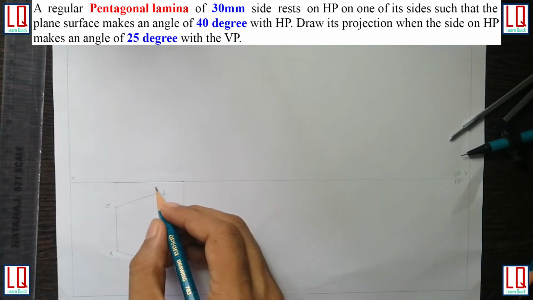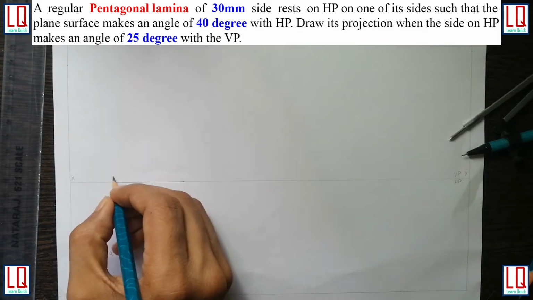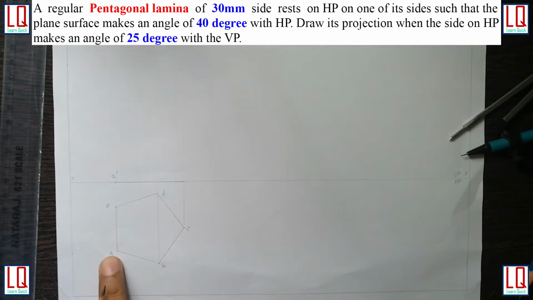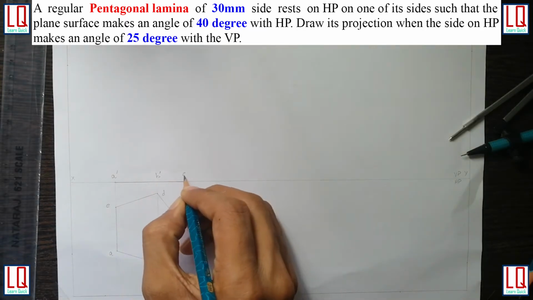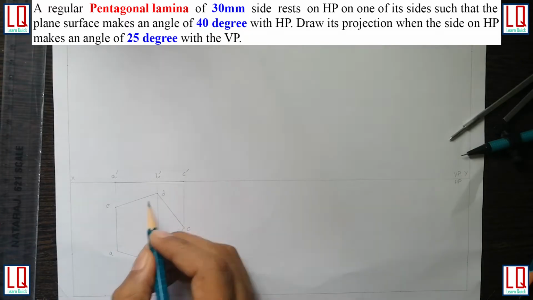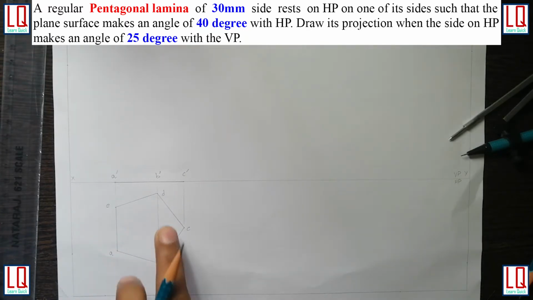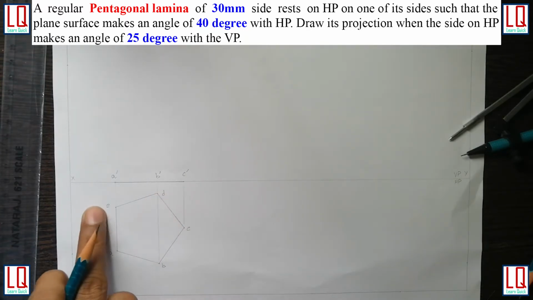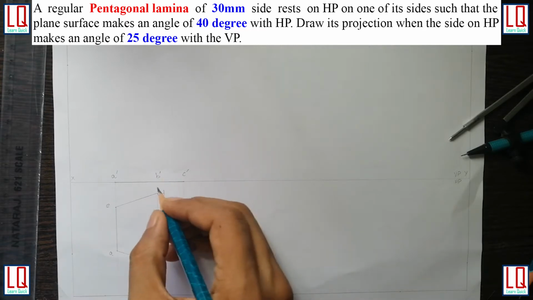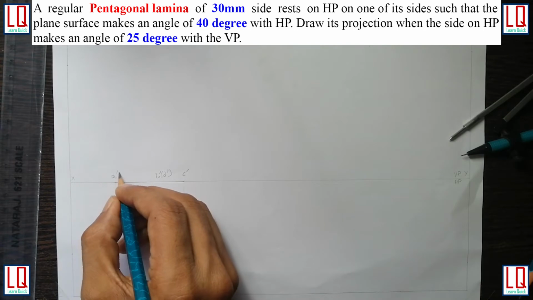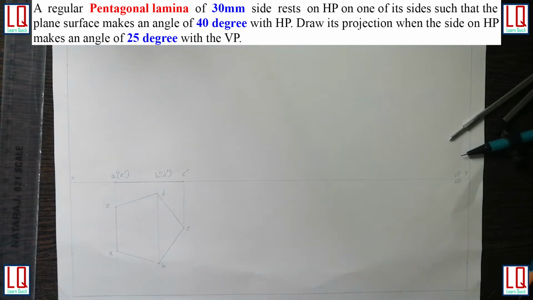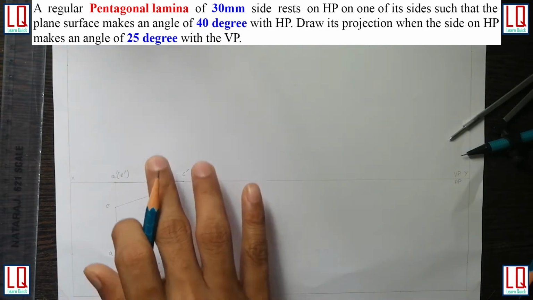We name it A dash, since A is visible, and B is visible and C is visible, so I name B dash and C dash. Now D and E are not visible in my front view, D is exactly behind B and E is exactly behind A, so I name B dash bracket D dash, A dash bracket E dash. So now I have completed my step 1 and step 2.